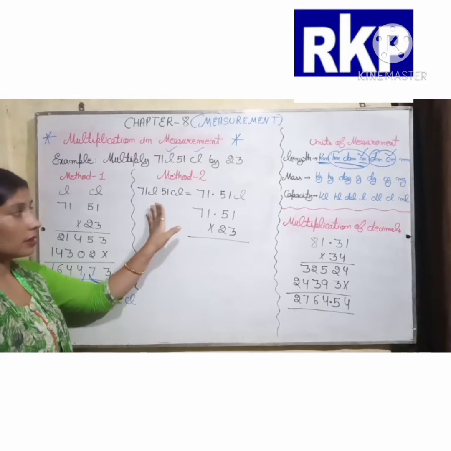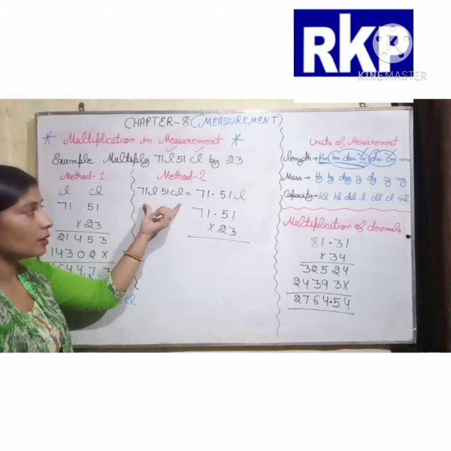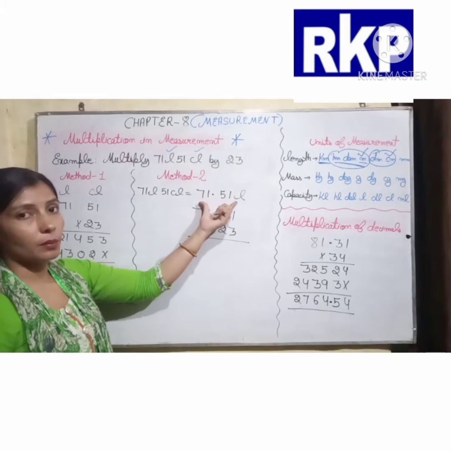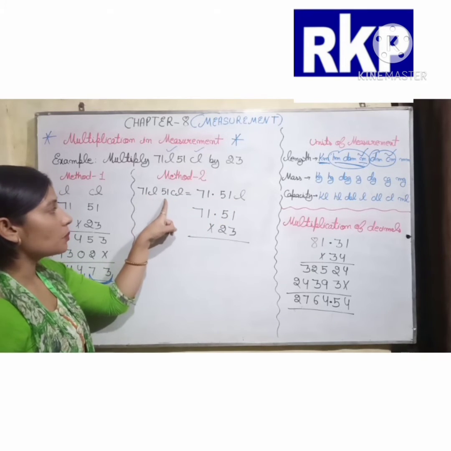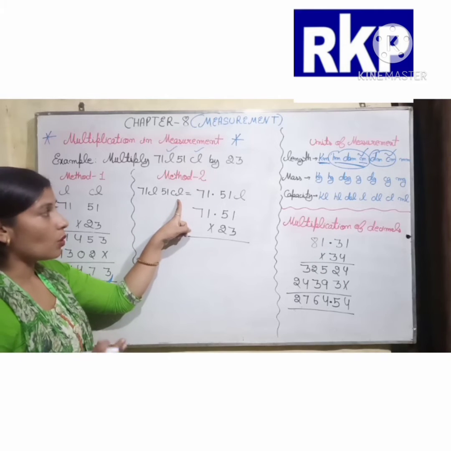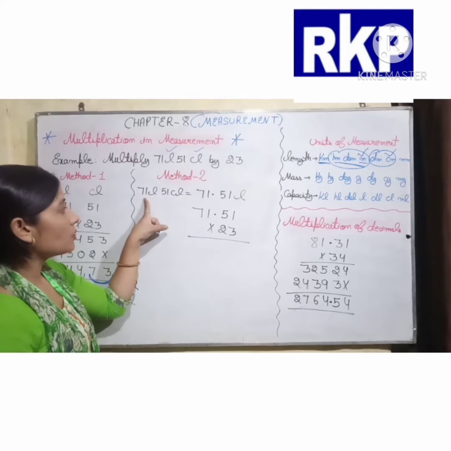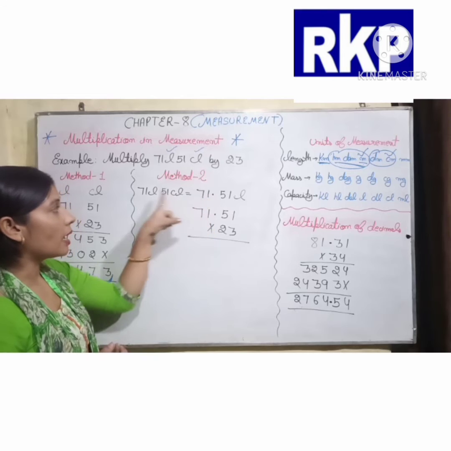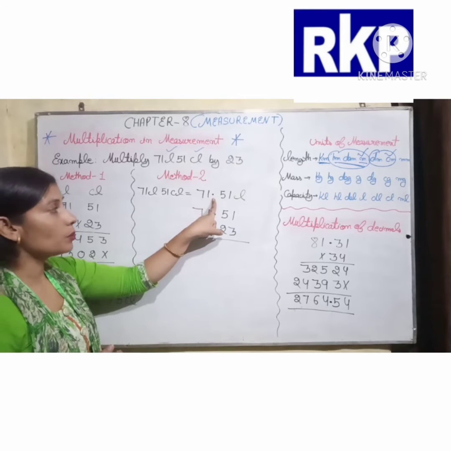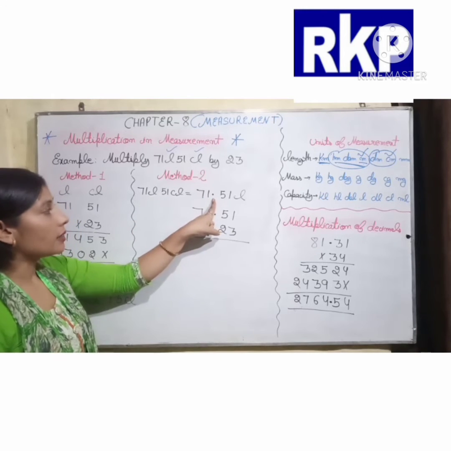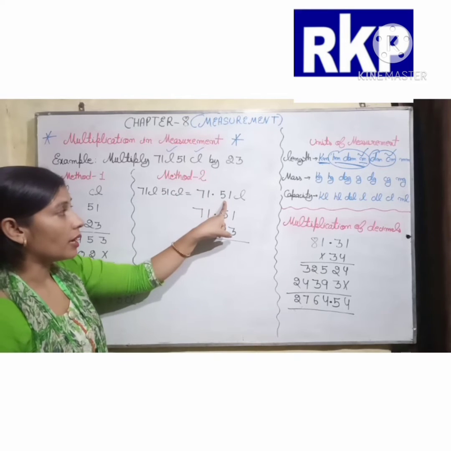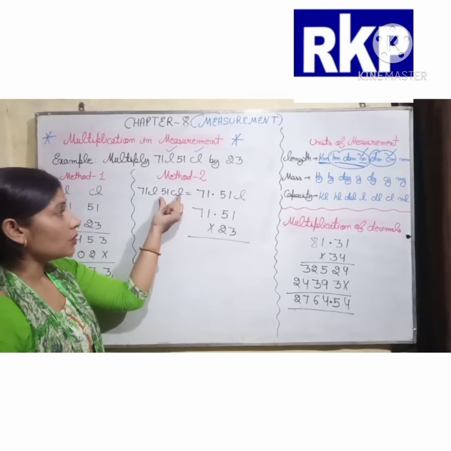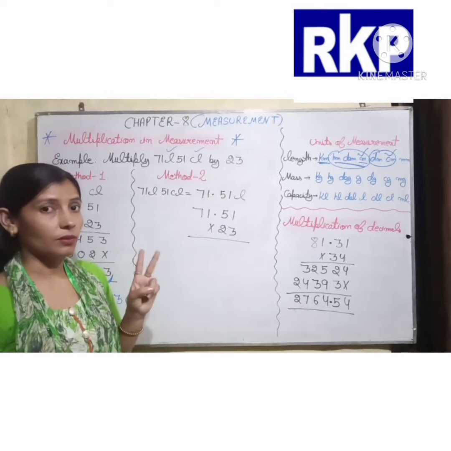According to the second method, first we need to convert this into a decimal number. Here we have 71 liters 51 centiliters. So how can we write it, beta? First we write 71, then after liters we put a decimal point and then we write 51. Here we should have only two digits. Why?